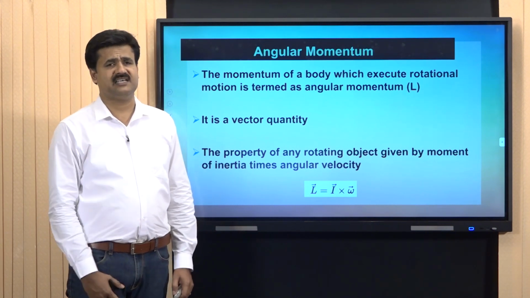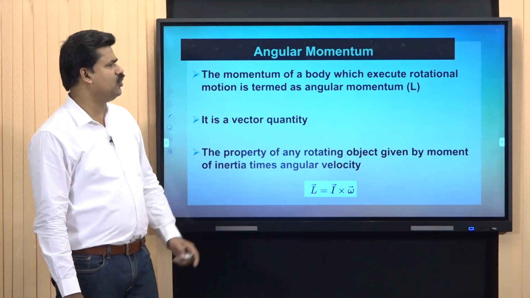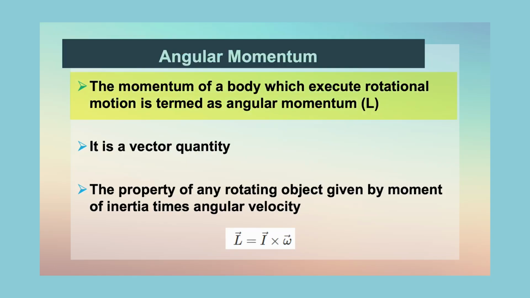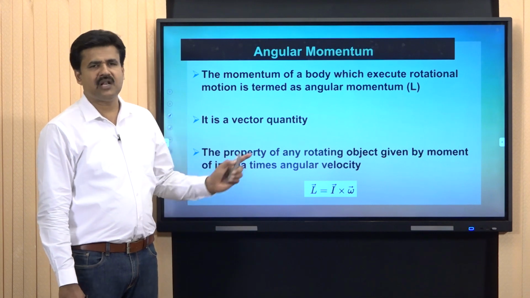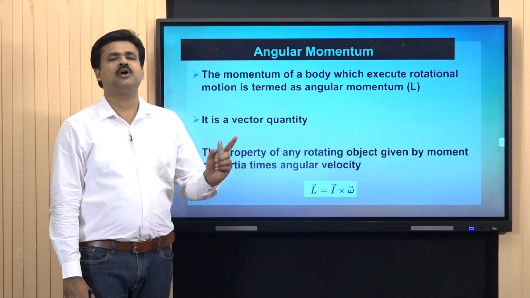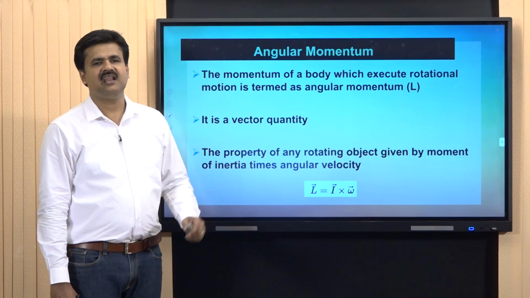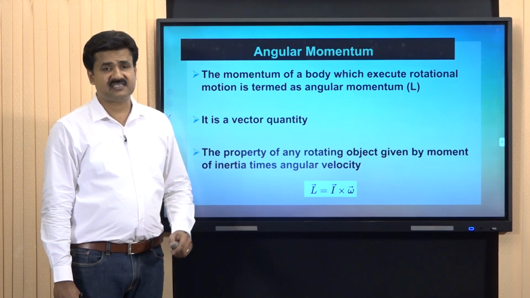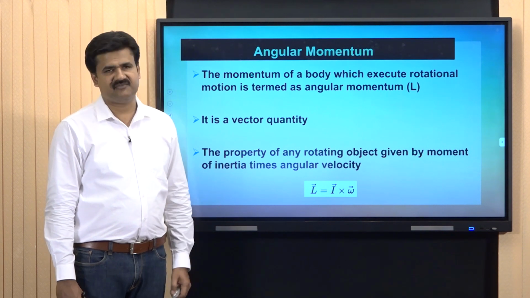It should be noted that the momentum of a body which executes rotational motion is termed the angular momentum, capital L. The angular momentum is a vector quantity. The angular momentum vector L is equal to I vector multiplied with omega vector.